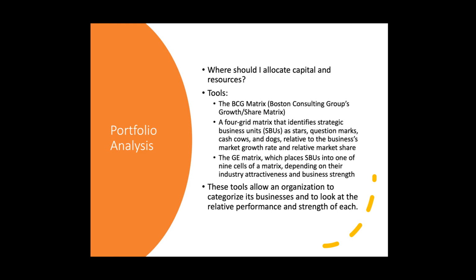And we'll take a look at that tool so that it makes a little more sense than just what you see described there in that second bullet point. That's one tool, the BCG Matrix. There is another tool, the GE Matrix, that was created by the General Electric Corporation, which instead of a 4-grid matrix has a 9-grid matrix and does the same thing. It sort of ranks different business units among these 9 categories rather than 4.